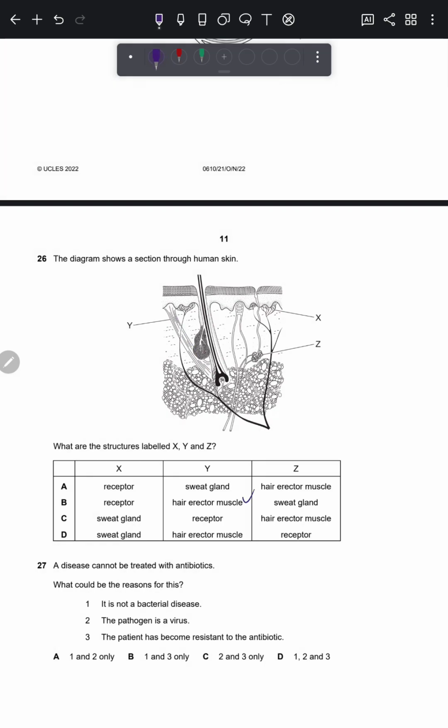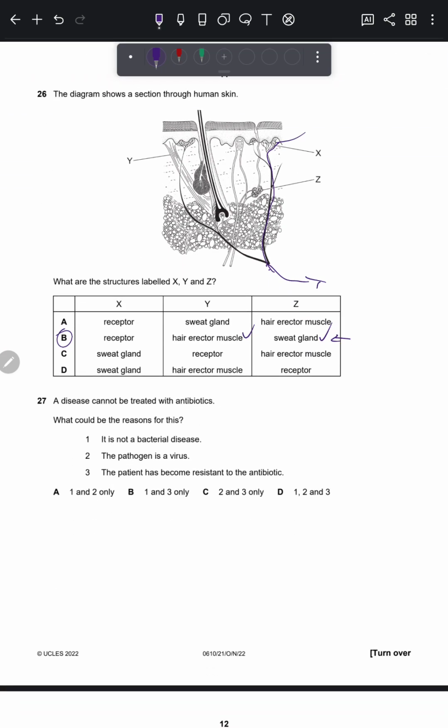And Z is a gland, which is opening into the skin, so this must be the sweat gland. And this is the only option that actually connects, which indicates that X must be a receptor, which then follows to a sensory neuron, which goes to the brain to deliver messages about what it's receiving. So the correct option should be B.